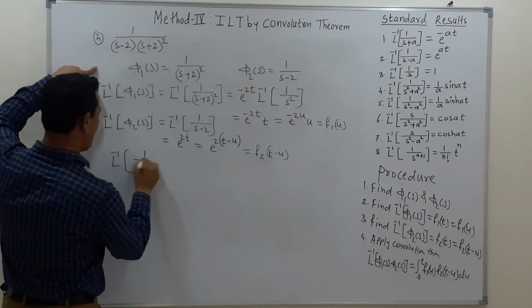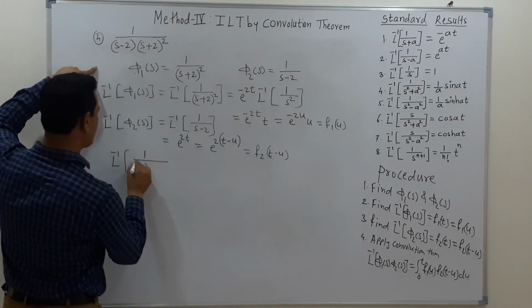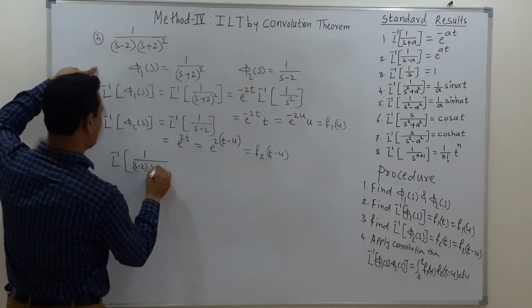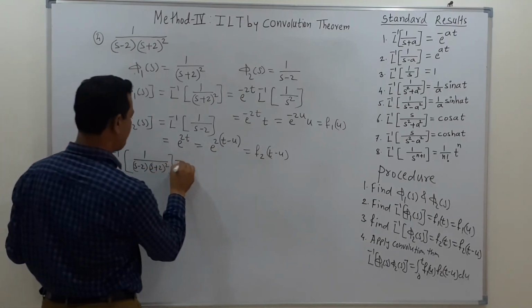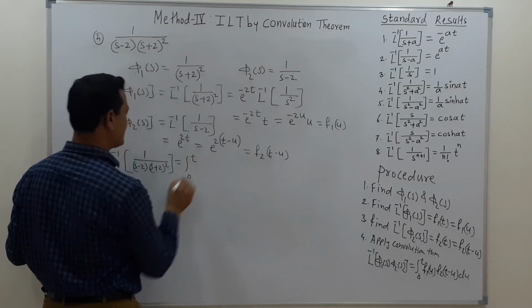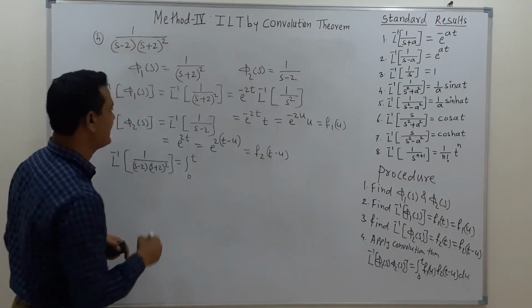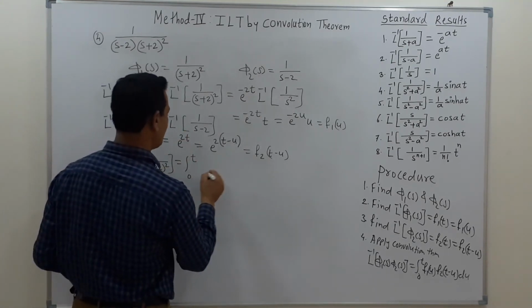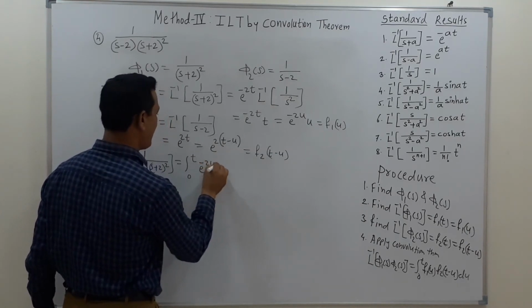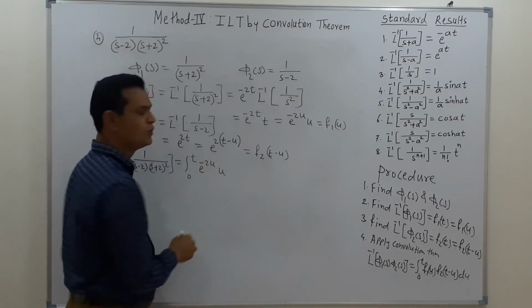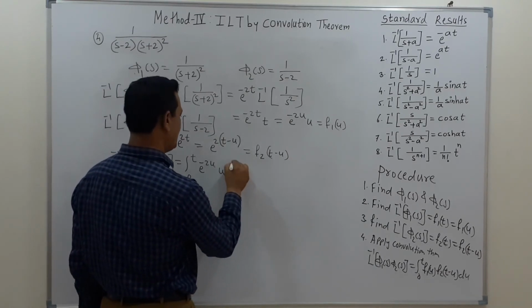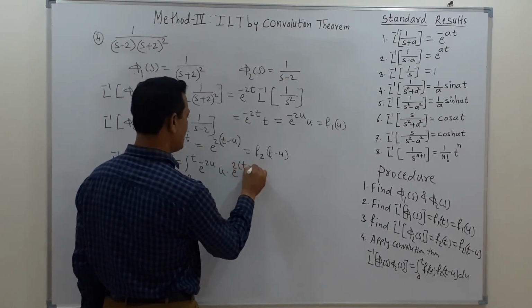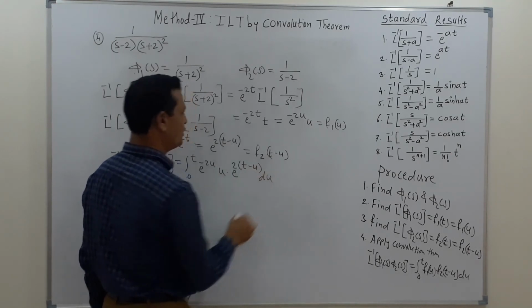So this is 1 upon s minus 2 times s plus 2 its square, which is equal to the integration from 0 to t of f1, which is e raised to minus 2u into u, and f2 which is e raised to 2 times t minus u, du.